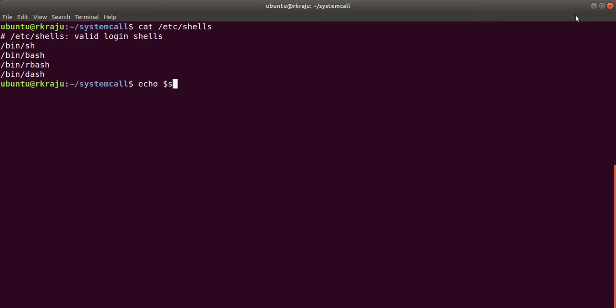Remember, when you write the name of a shell variable, it should be in capital letters. Then it confirms that this is the shell where you are going to run your system call programs.